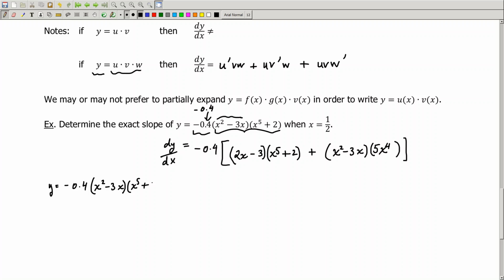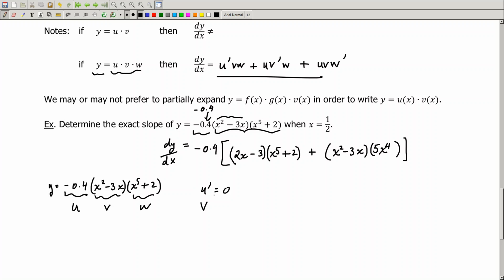Now, if this is too confusing, you can do this in steps. Here's what we're going to do. I'm going to call this guy u, this guy v, and this guy w. Now I'm going to apply this rule right here. So let's do u prime. u prime is 0. When you take the derivative of a constant, it's 0.